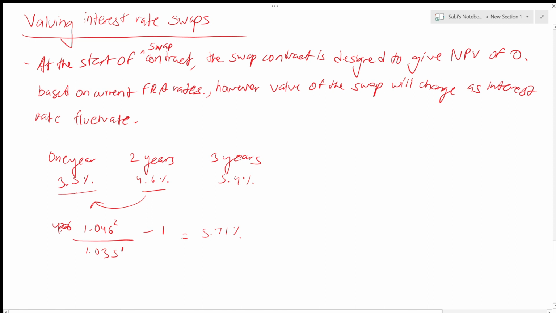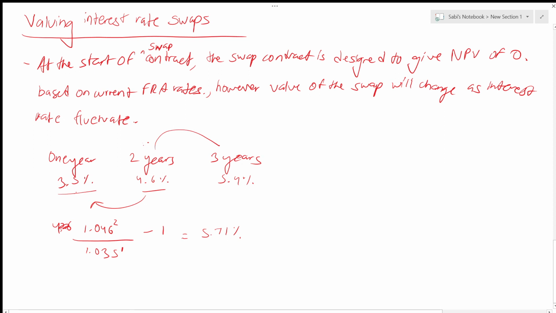Now this will be repeated. So this you have to know, right? This will be repeated. Only the numbers will keep changing. If Saline Company wanted to have an FRA starting in 2 years and ending a year later, starting in 2 years means what? Starting second year, and finishing a year later.